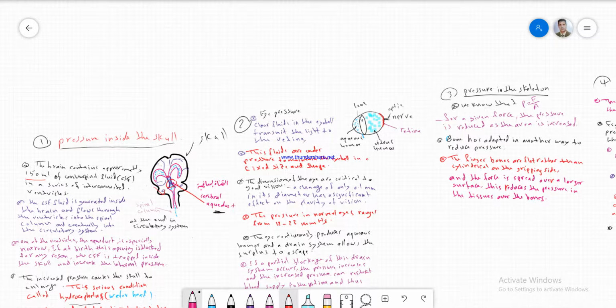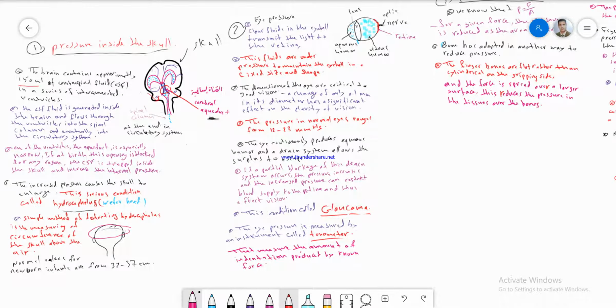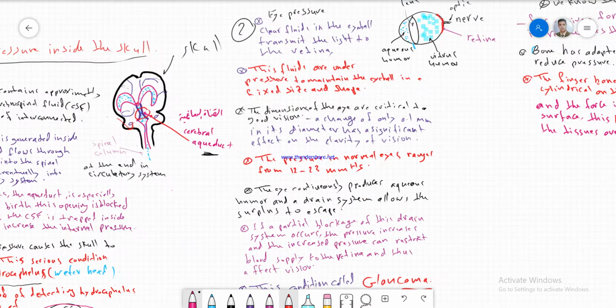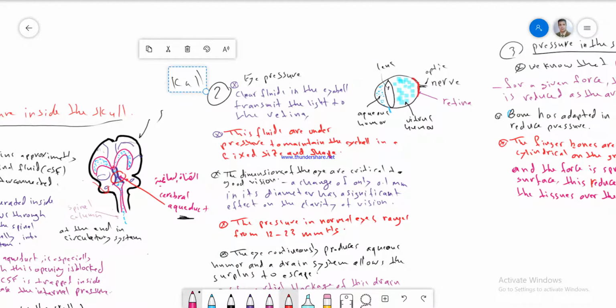As we see from here, the eye contains clear fluid, which transmits the light to the light-sensitive part of the eye, which is the retina. This is the retina.